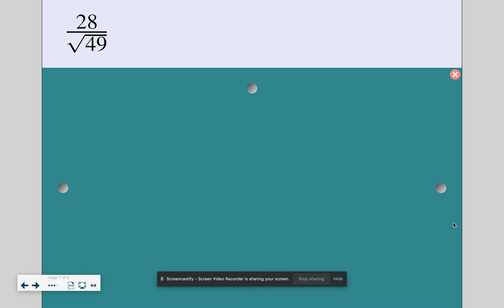So our next one, if you look at this, don't always rationalize first. See if you can simplify. So simplify first. Square root of 49 is perfect.